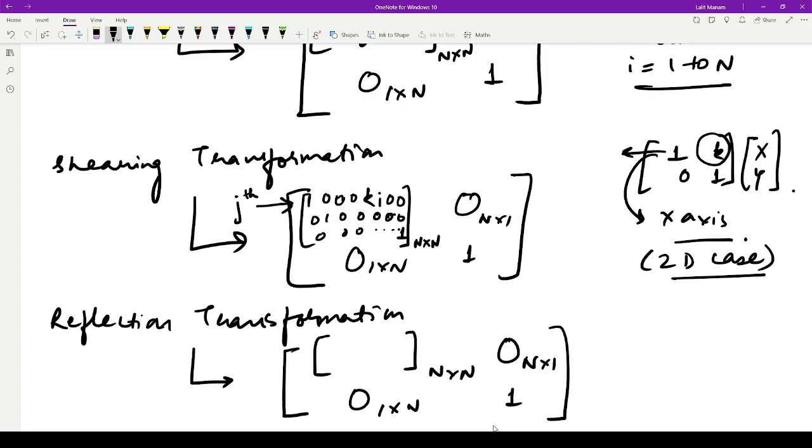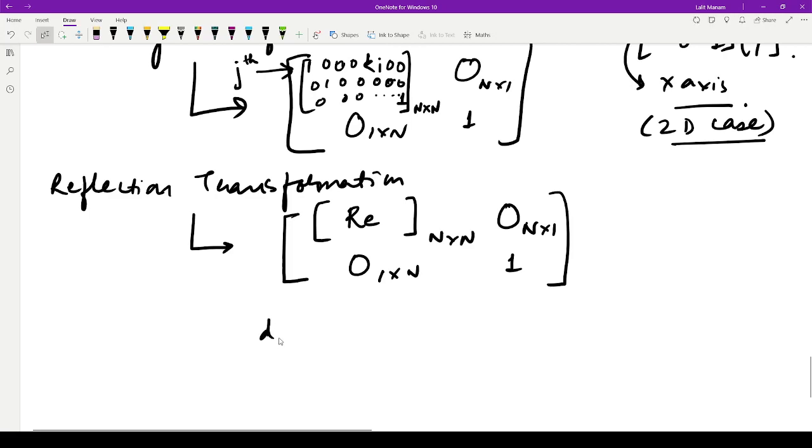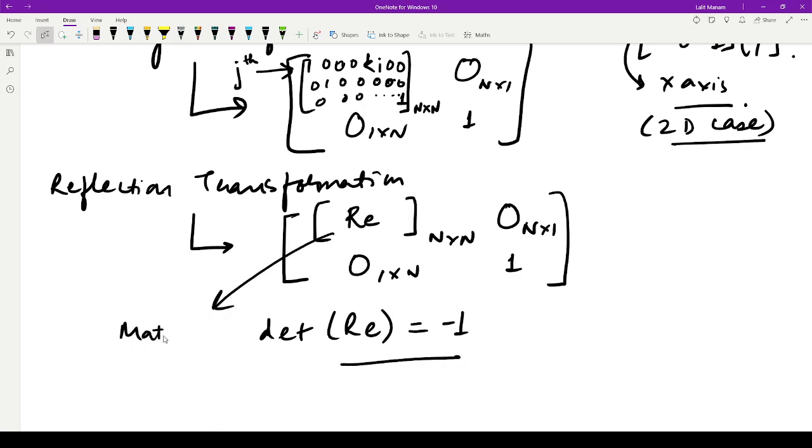So things go pretty complicated. So I'll just write it as R_e, some matrix such that the determinant of R_e is -1. This is our matrix. Is this clear? I hope everyone knows what a determinant is, otherwise they can just check it out.